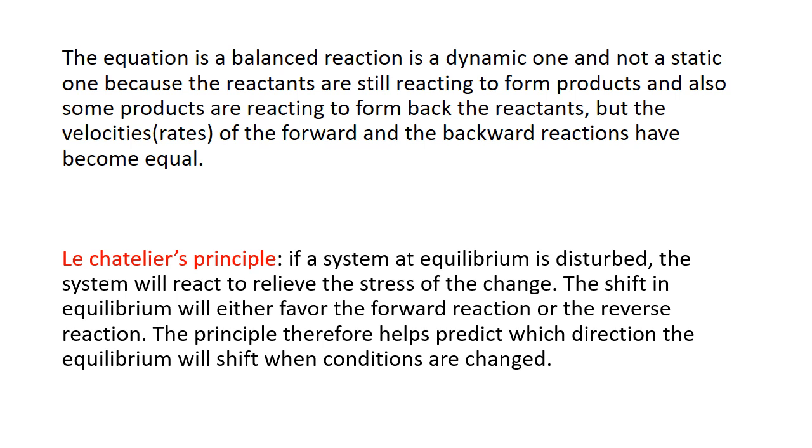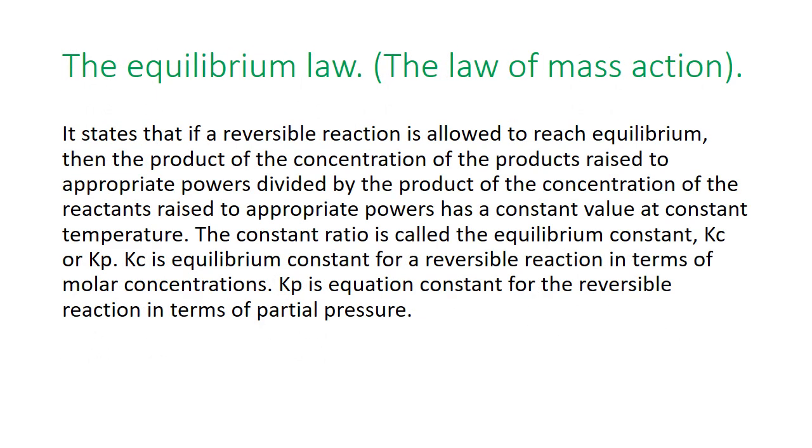However, before we go forward, let us look at the equilibrium law, or what we know as the law of mass action. This tells us that if a reaction has been allowed to reach equilibrium, then the product of the concentrations of the products raised to the appropriate powers, divided by the product of the concentrations of the reactants also raised to appropriate powers, is a constant.